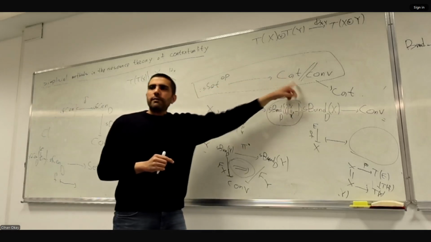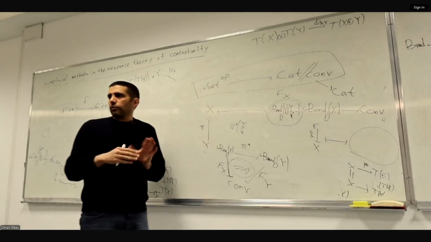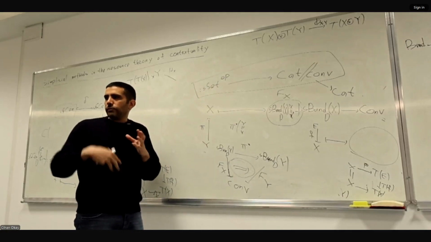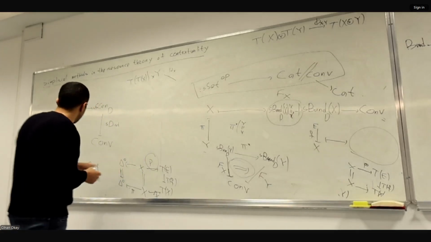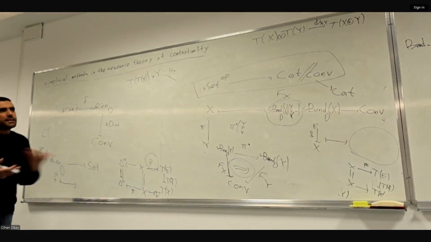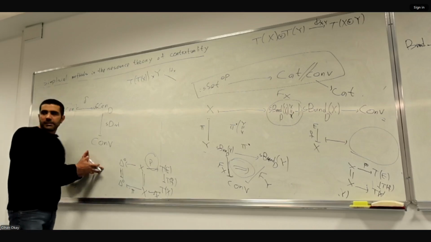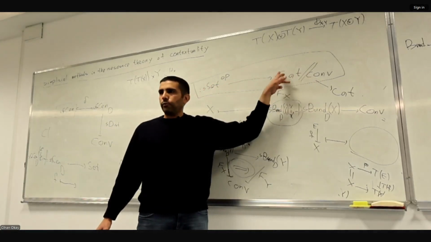Like all of this will give us a functor. Because if we're doing this to categories, this gives us a category. Now there is a generalization of this that gives us a functor. And this exactly will be this functor, the simplicial distribution functor. But this will be easier to prove that this lies on convex sets, because all of this lying on convex sets is easy to prove.